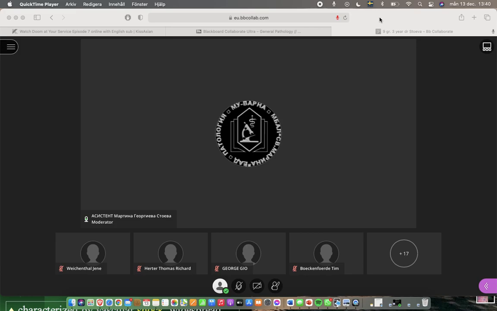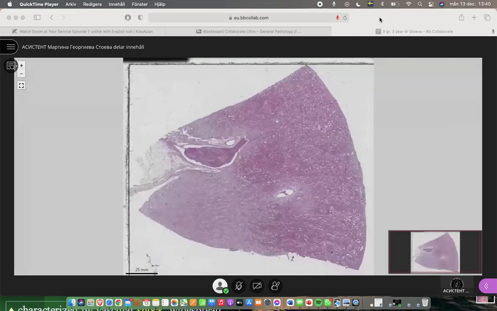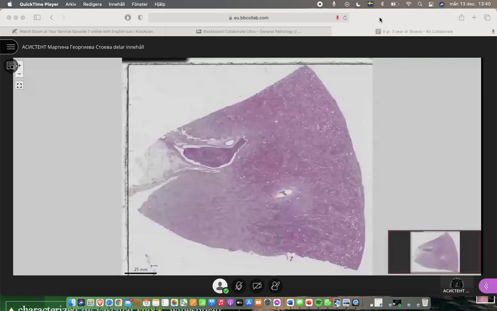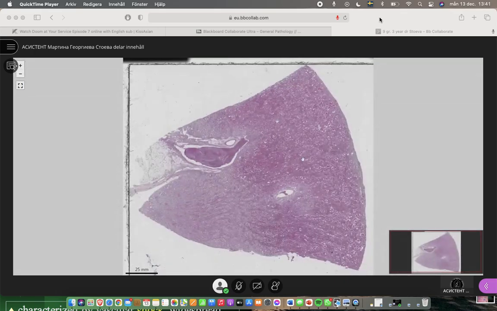We're on slide 19 now. I just shared slide number 19, amyloidosis of the kidney.